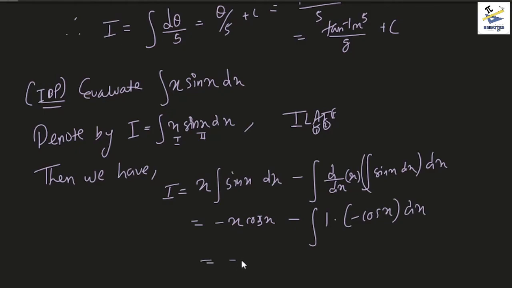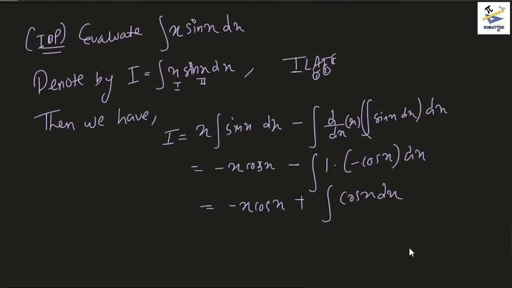Then it simplifies considerably into minus x cos x, and this minus makes it a plus, plus the integral of cos x dx, which you know is just sin x, right? So the answer is minus x cos x plus sin x plus c.